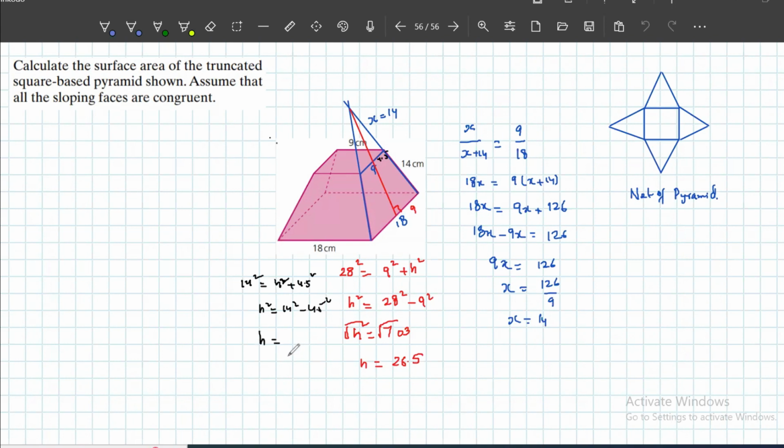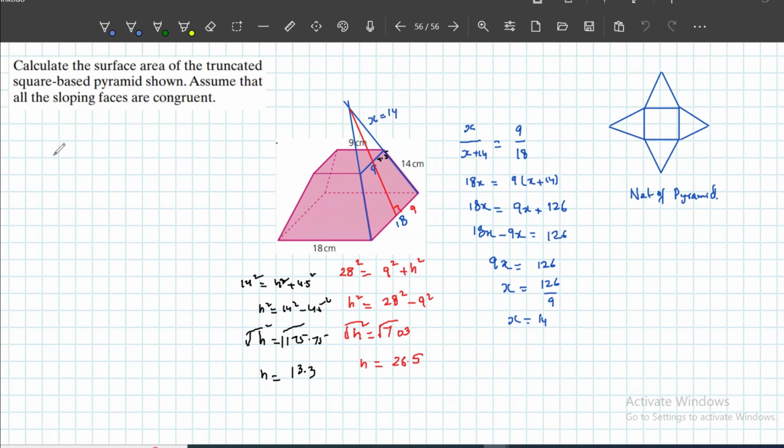So h equals, 14 squared minus 4.5 square, that gives us 175.75, and after taking square root on both sides, we will get 13.3.